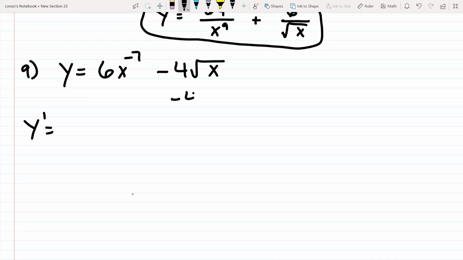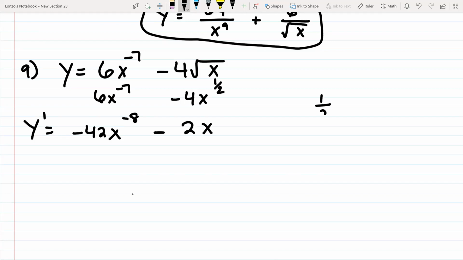So this would be equivalent to saying negative 4x to the 1/2. So y prime would be 6 times negative 7 is negative 42, x to the negative 7 minus 1 is negative 8. Minus 4 times 1/2 is 2, x to the 1/2 minus 2 over 2 is negative 1/2.